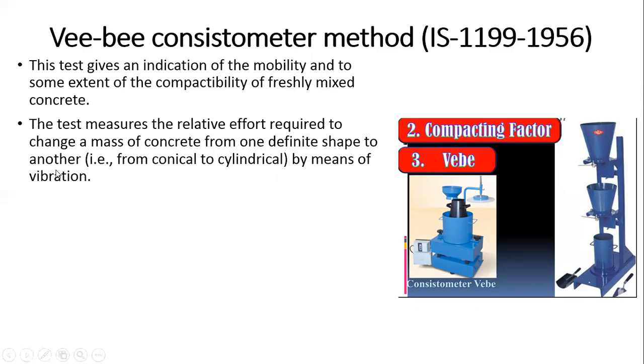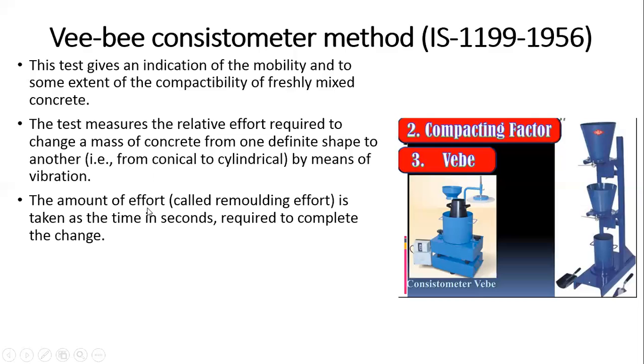Here you have to measure the effort required to change a mass of concrete from one definite shape, for example, your initial shape is conical. If you convert this shape to cylindrical, that relative effort required to change the shape of the mass is known as your VB consistency.